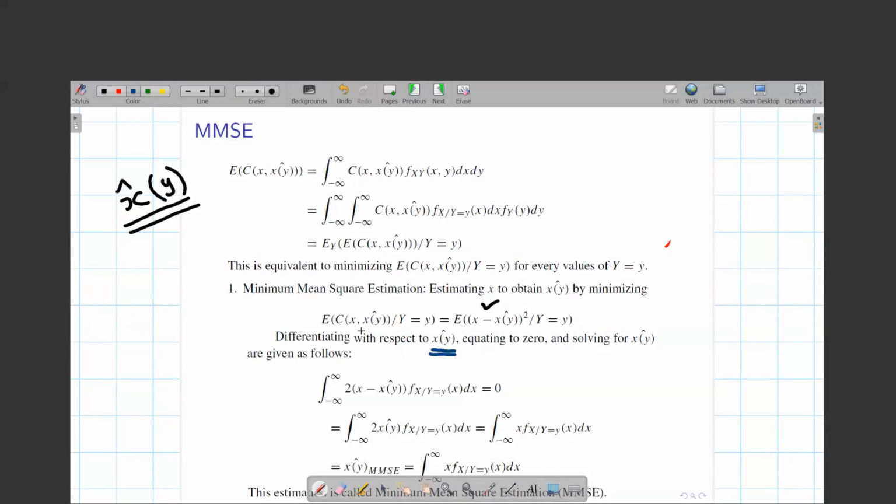If I do that, you get the integral from minus infinity to plus infinity of (x minus x cap of y) the whole square, given y equal to y.